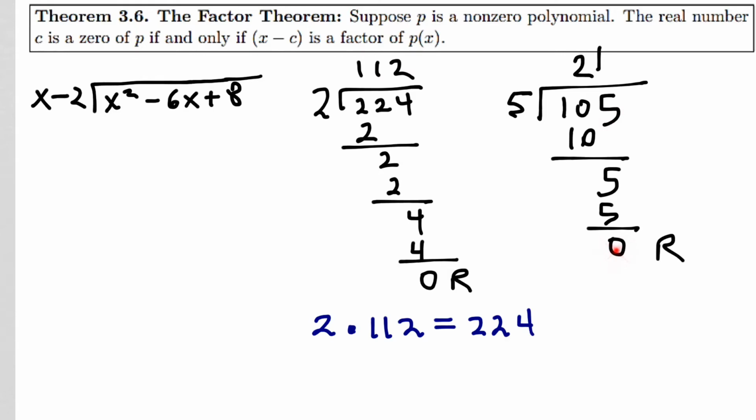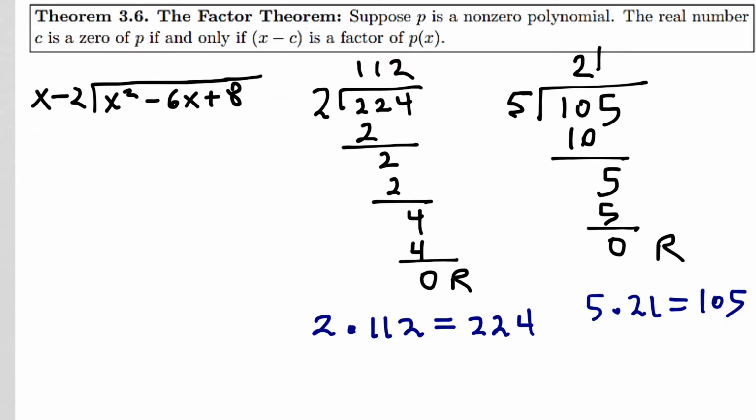You're not going to get a remainder if you divide 5 into 105. So what that tells you is 5 times 21 is exactly 105, and that those two numbers, 5 and 21, are called factors of 105.